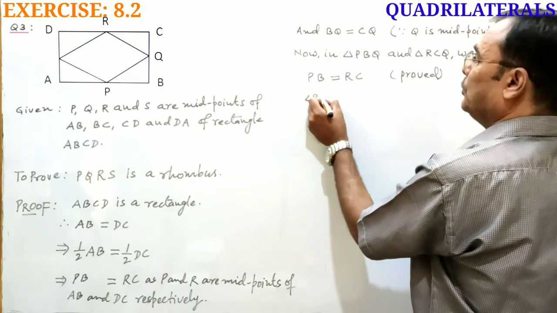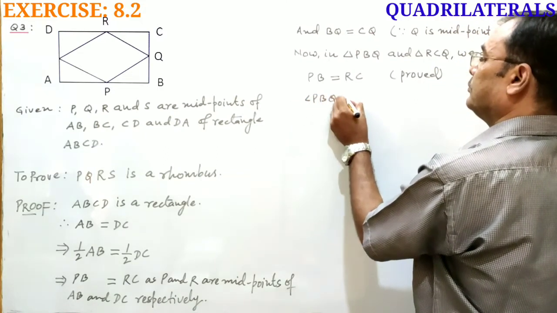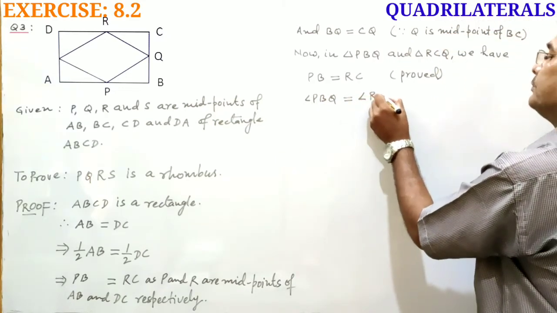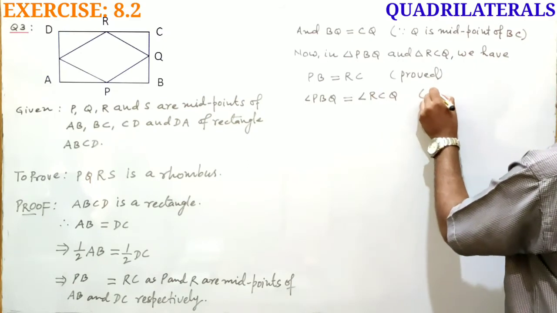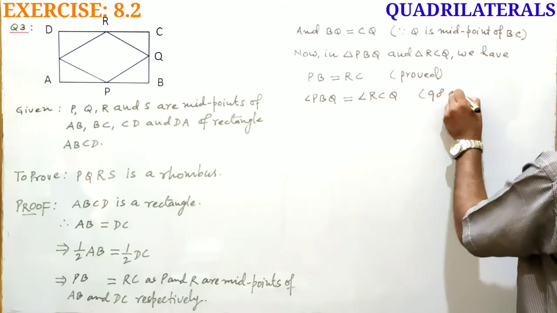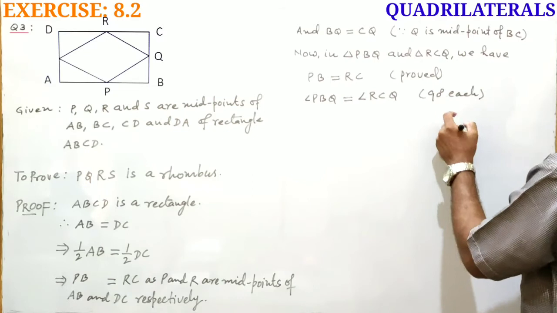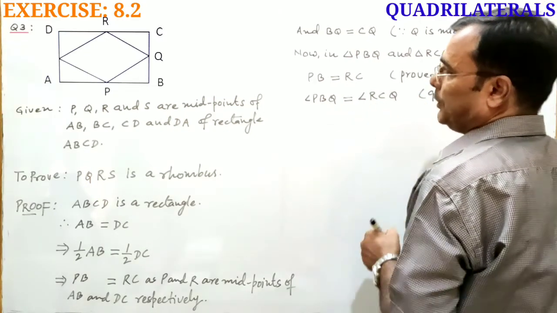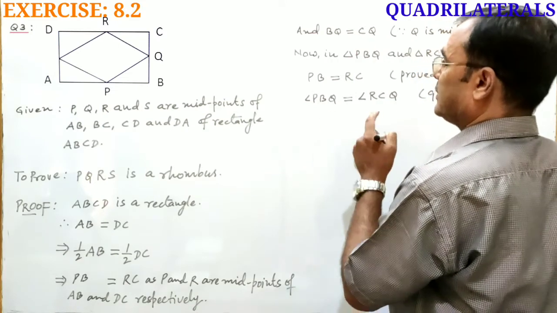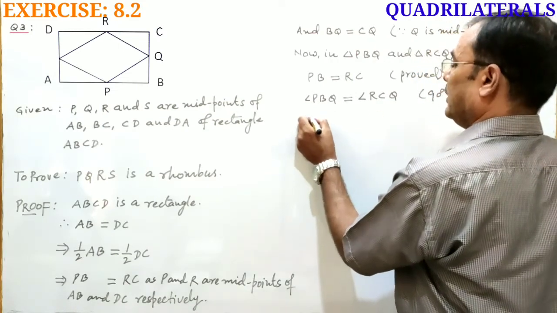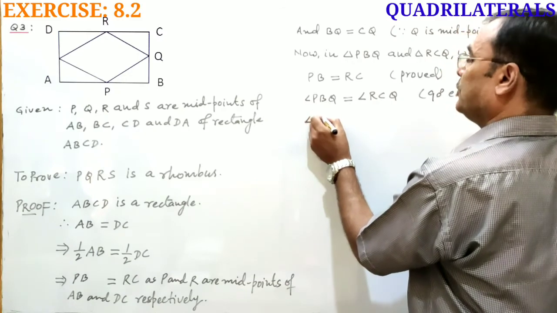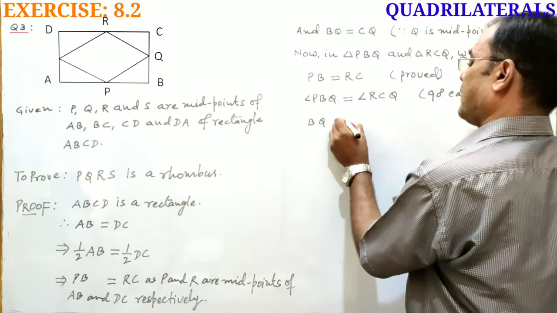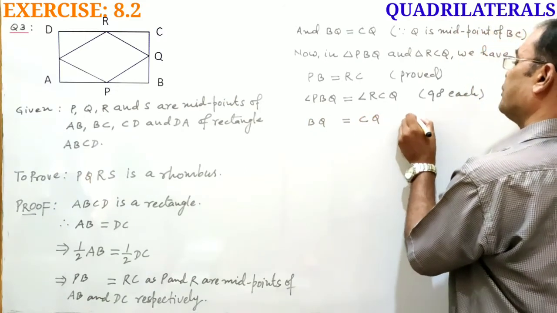Angle PBQ is equal to angle RCQ, 90 degree each, because ABCD is a rectangle and angles of rectangle are right angle. So angle PBQ is equal to angle RCQ and BQ equal to CQ, proved.